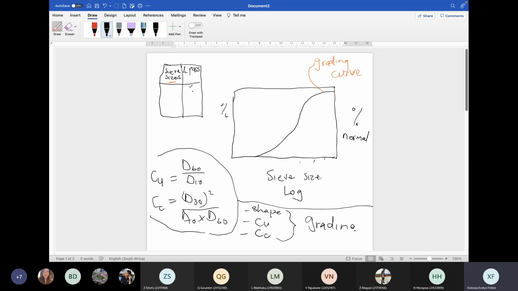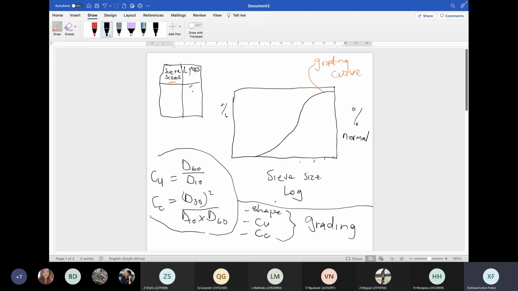When you go to your books on page 27, they have different shapes: A, B, C, D, and E. And there at the bottom, they tell you A is poorly graded, B is well graded, C is gap graded, D, depending on the shape.